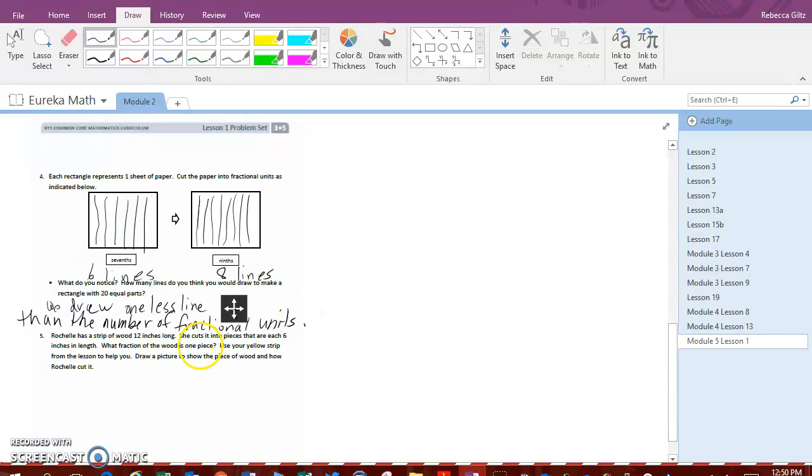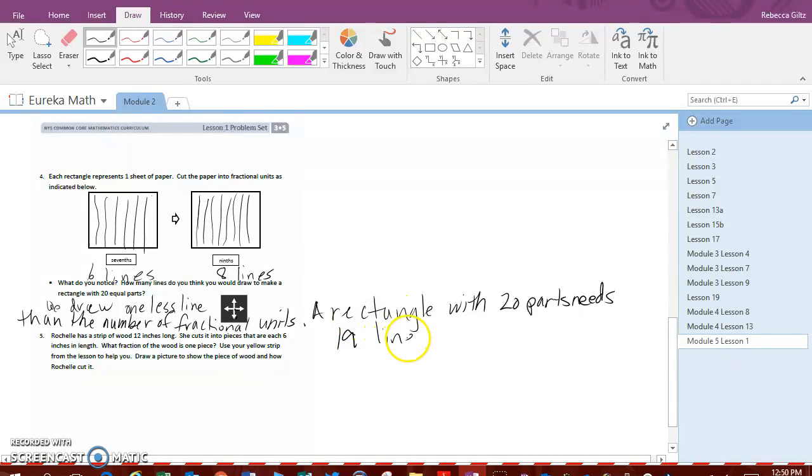Okay, so in other words, 1 less line than the number of pieces I needed. A rectangle with 20 parts needs 1 less than 20, 19 lines. Okay, so you should have all that written for the second part of number 4.